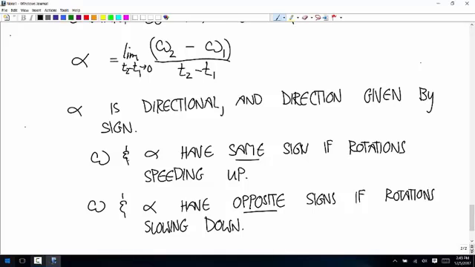And like I said before, if alpha is 0, then the thing has a constant angular velocity. The angular velocity isn't changing then. Okay, so that's all we need of rotational kinematics. Start talking about rotational kinetics.